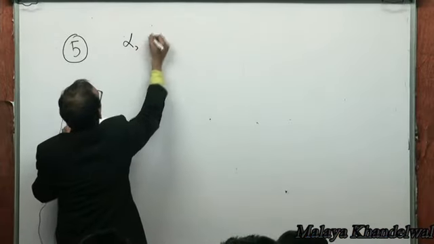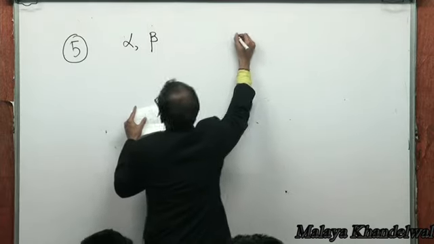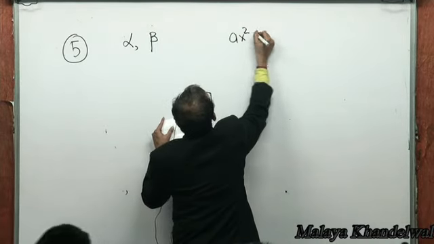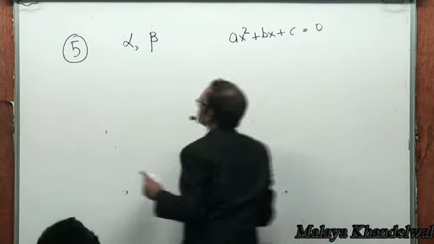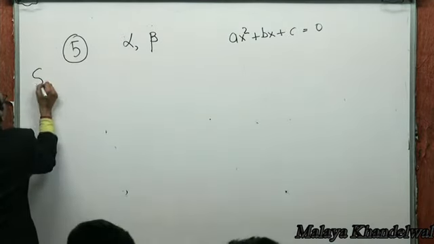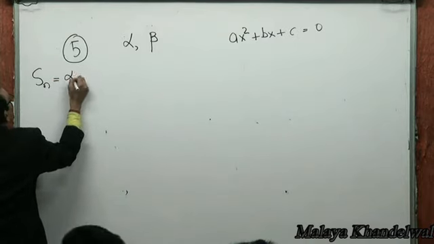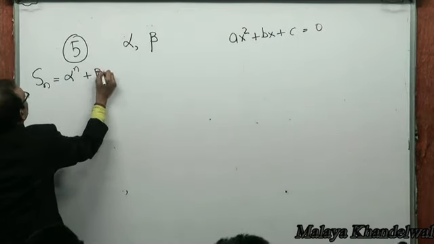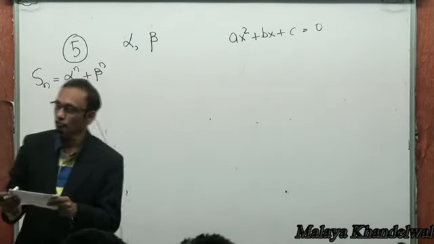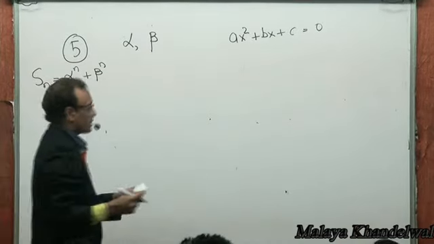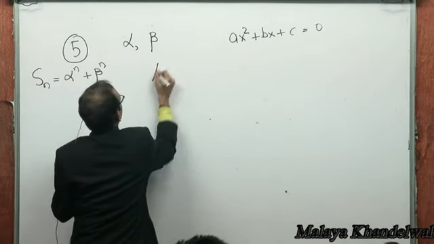Alpha, beta are the roots of this quadratic, ax squared plus bx plus c equal to 0. And we define Sn as alpha to the power n plus beta to the power n, for n greater than or equal to 1.